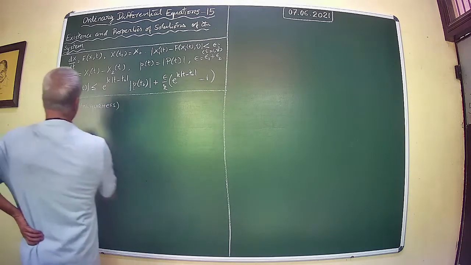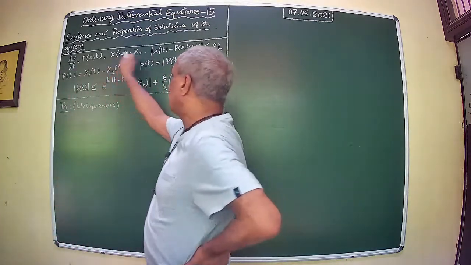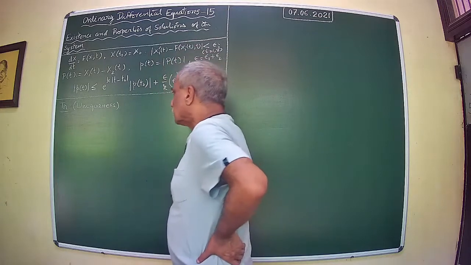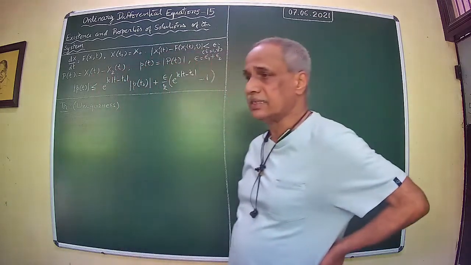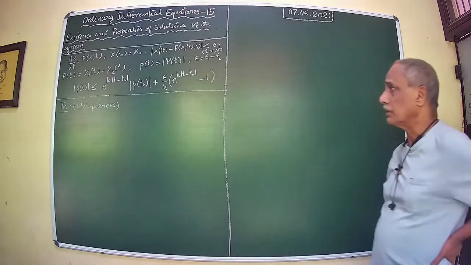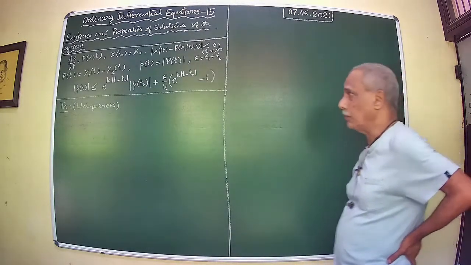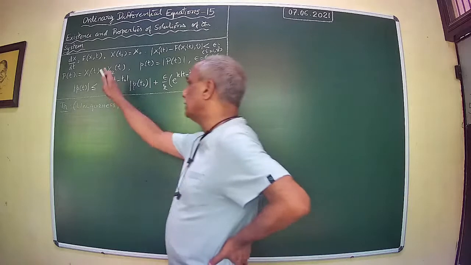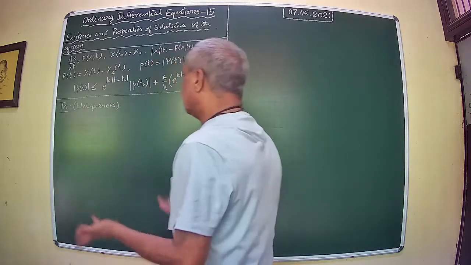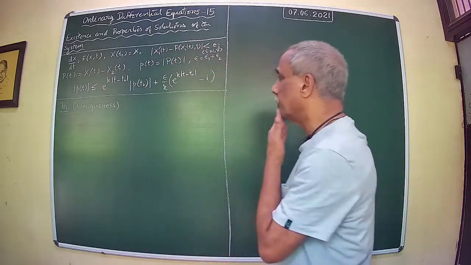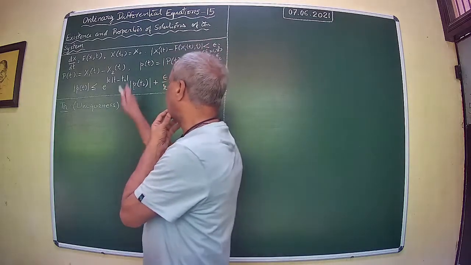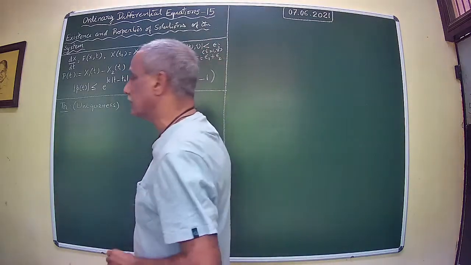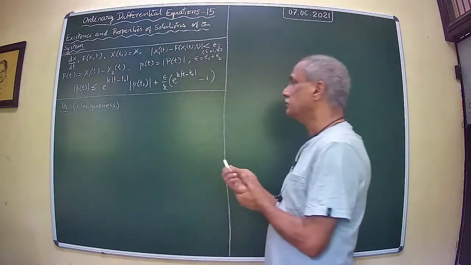What does it say? You have the initial value problem here. What we want to assert is that there exists a unique solution for this initial value problem. Now we have assumed f is continuous in some region, the domain of its definition, and t naught, x naught is a point in that region, and so on.